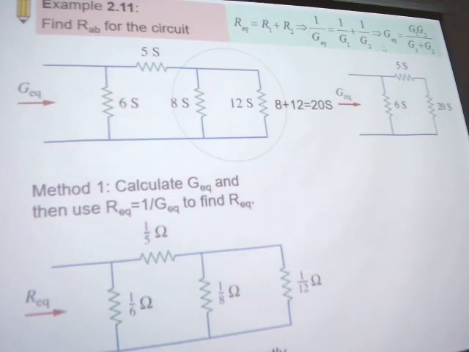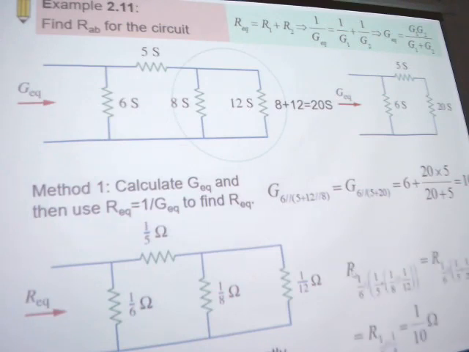Our GEQ equal to this one. So here we can write, now it's 5 in parallel, in series with 20, and in parallel is 6S, right? So it should be 6 plus their product over their sum, and we get 10 Siemens.